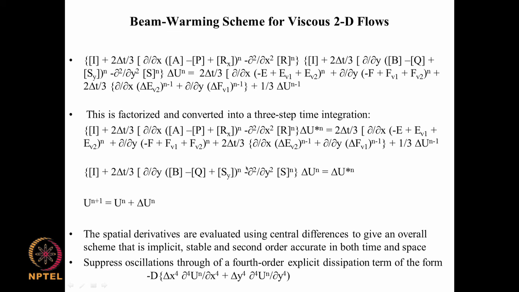So, the essence of the Beam-Warming method for viscous 2D flows is given by these things, where the coefficients A, P and Rx, R and all those things, S, Fs, need to be evaluated either analytically if expressions are known, and if necessary numerically, which we will examine in the next lecture.